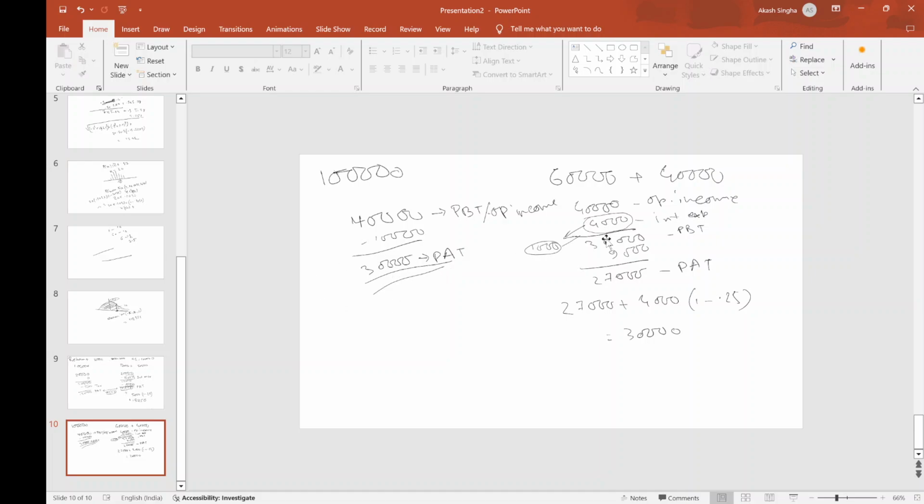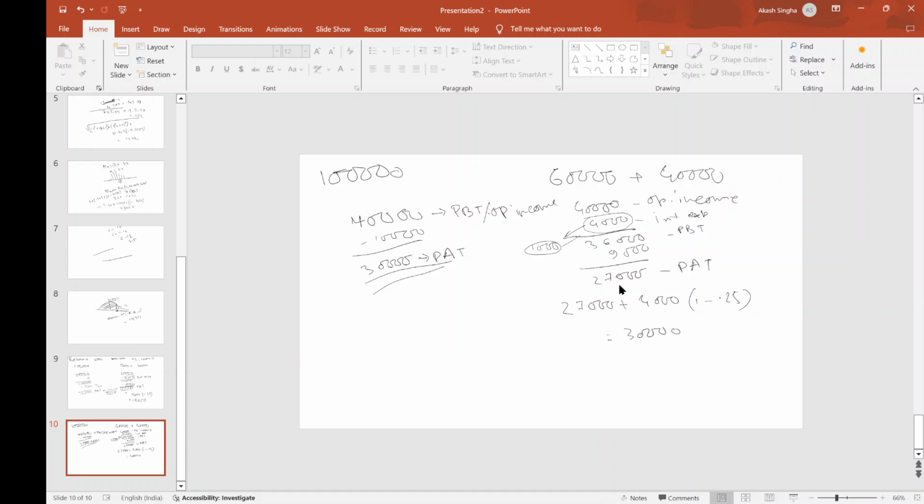For the other case, 36,000 is PBT and tax will be only on this 36,000, which is 9,000. So PAT will be 27,000. But the return on asset is not 27,000, right? Because we have to calculate this 30,000, like this should be the right amount.